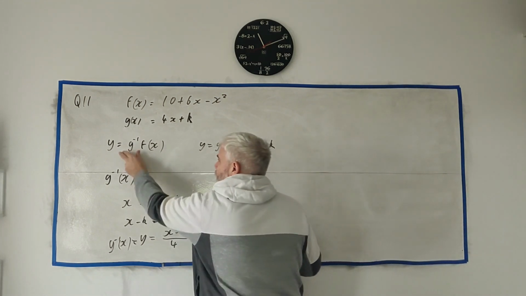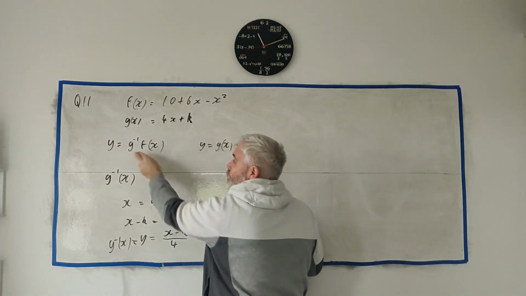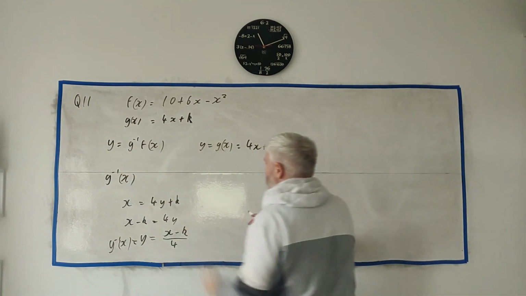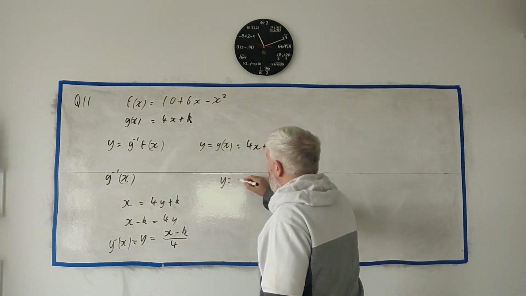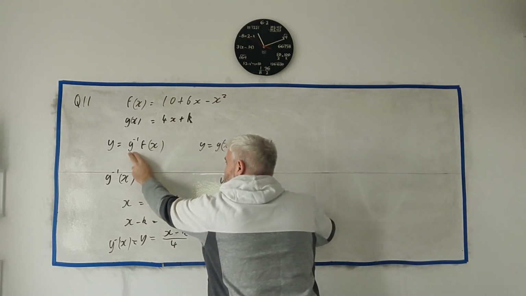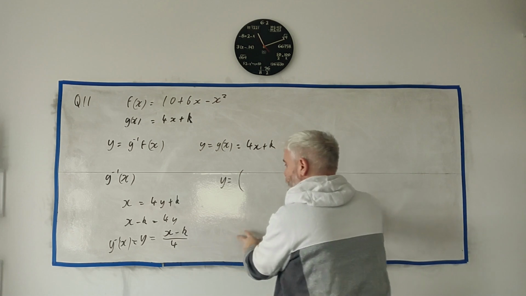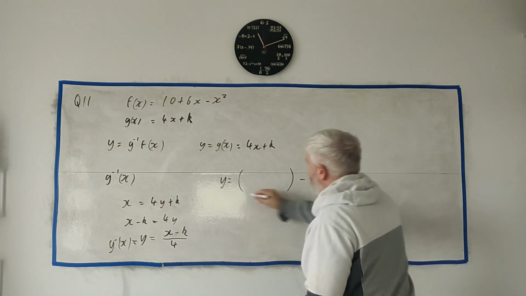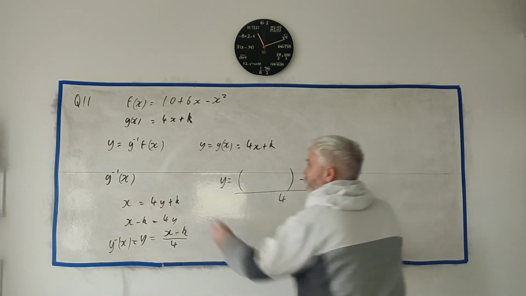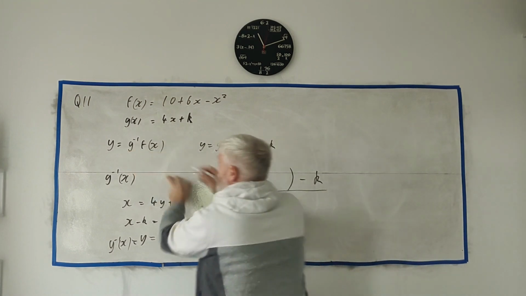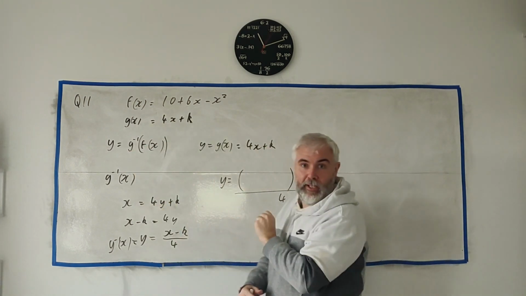Now, this isn't just the inverse of g. So this function here, this one is y is equal the inverse of g, and that tells me it's something. Let's leave a big bracket here. Minus k over 4. The inverse of g is the something. If I add an extra bracket here, I think it makes more sense.